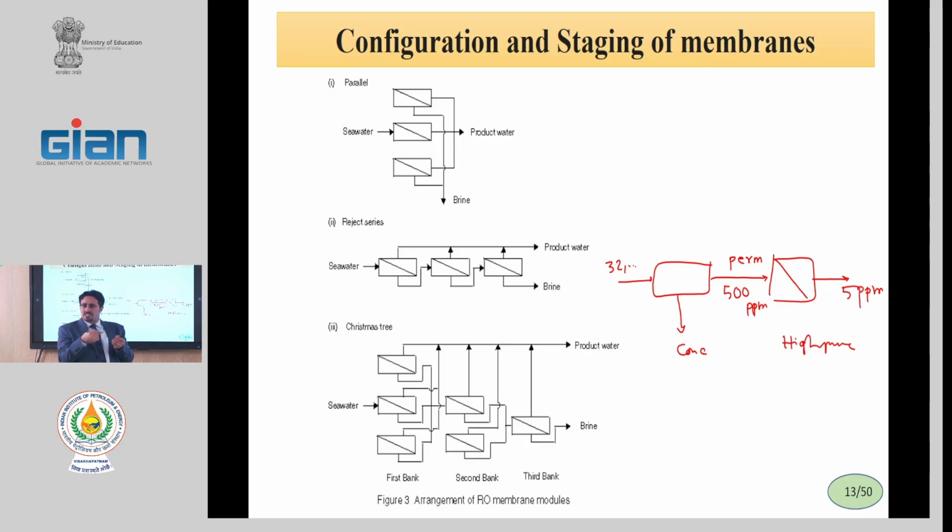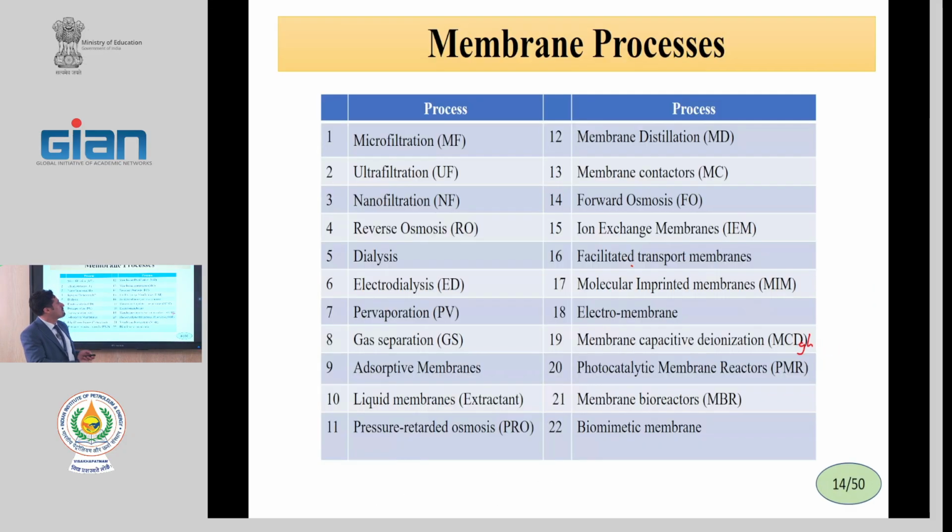We measure the feed concentration, and if the concentration of anions and cations is not equal, the software does not accept it and says that your measurement is not true. The software is very good for this staging and configuration.